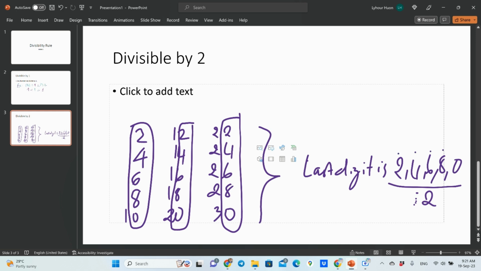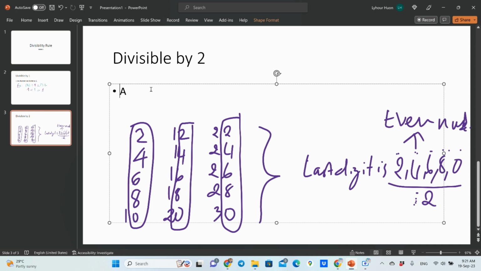We call these even numbers. That's why we can conclude that all even numbers are divisible by 2.